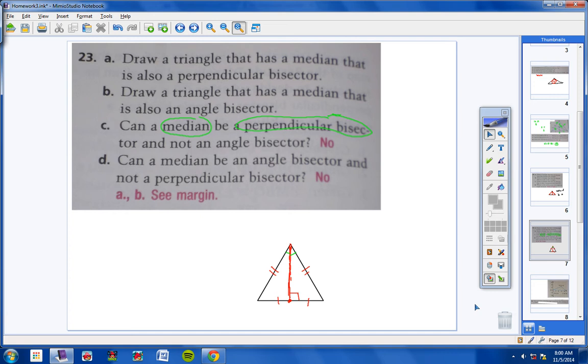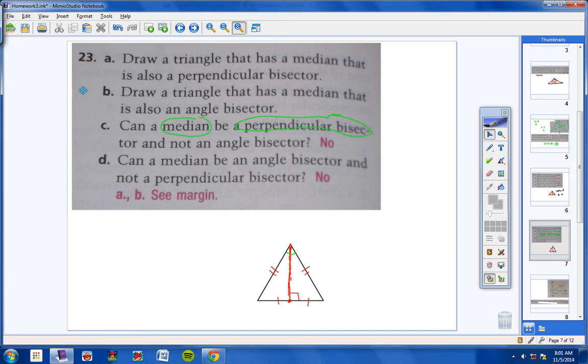If a median is an angle bisector, it will always also be a perpendicular bisector. Always, okay? All right, moving on. And if you want to, play around with that and see for yourself, but it's not possible to do that, okay?